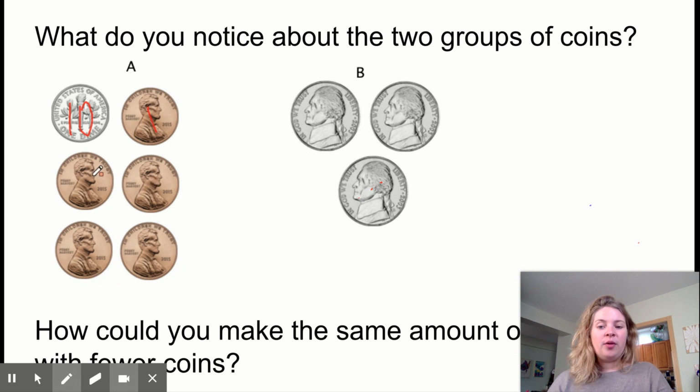Pennies are worth 1. So 10 plus 1 is 11, plus 1 is 12, plus 1 is 13, plus 1 is 14, plus 1 is 15. 15 cents.